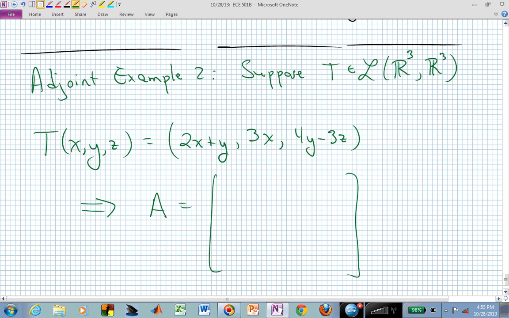What's the matrix representation of this map T? What's the first row? 2, 1, 0. What about the middle row? 3, 0, 0. And the third row?